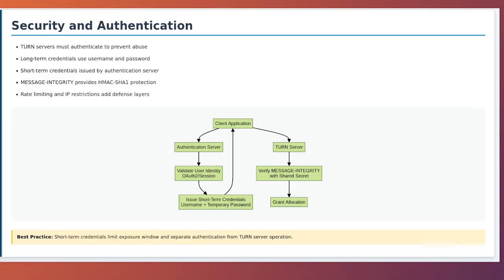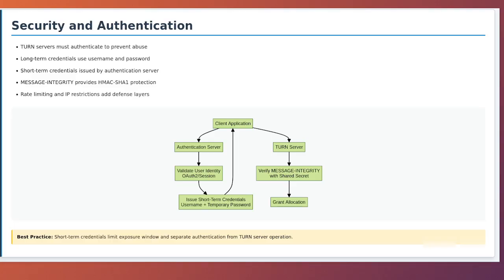Short-term credentials are more sophisticated and are commonly used in managed environments. In this model, a separate authentication server issues time-limited credentials to authenticated clients. These credentials consist of a username that encodes an expiration timestamp and a temporary password derived from a shared secret known only to the authentication server and TURN server.